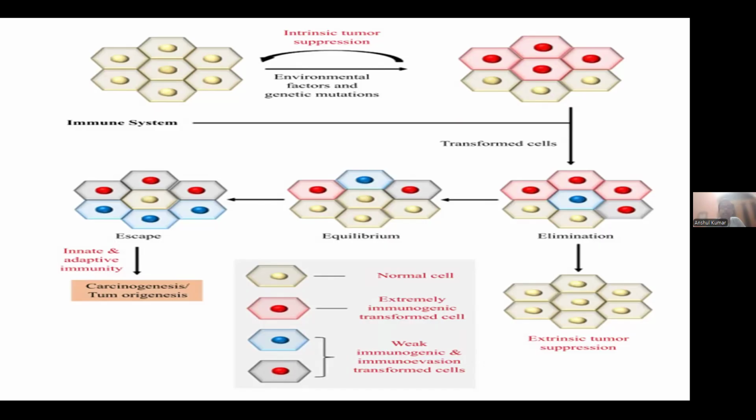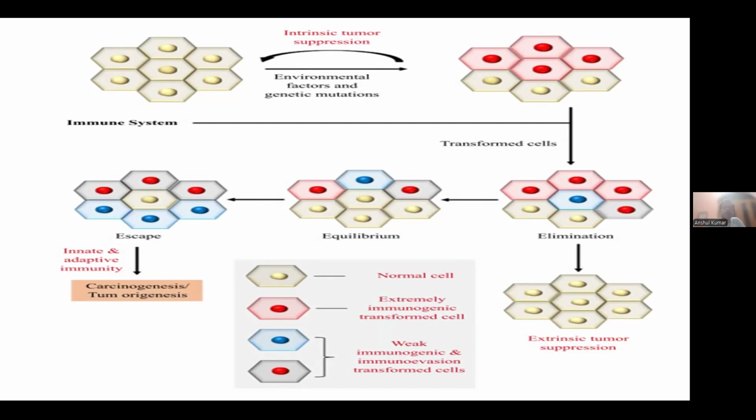And here again, we can see the blue dots, weakly immunogenic and immunoevasive transformed cells, and it creates an equilibrium state with the normal cells.